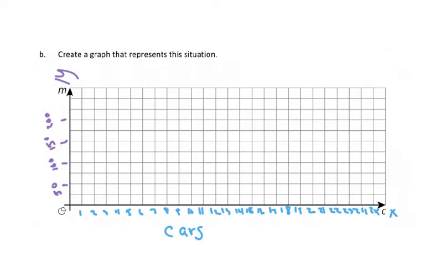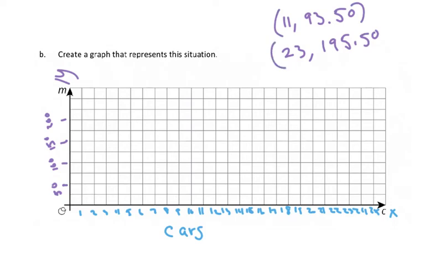All right, and then I'm going to take the numbers that we were given. So we were given 11 and 93.50, and we were given 23 and 195.50. And I'm going to treat these just like a set of points. And I'm going to go graph them. So for 11 cars right here, I go up to 93.50, which would be just under this 100.